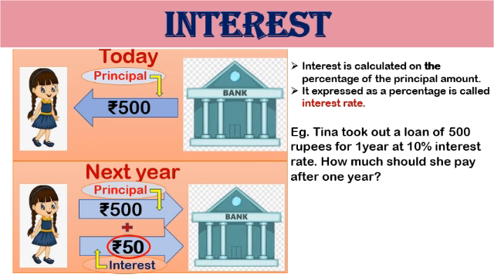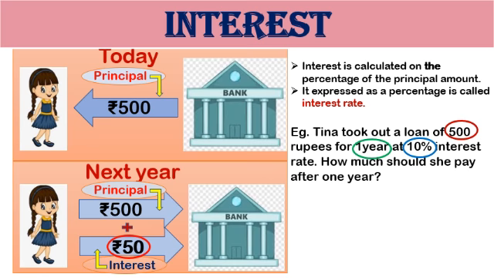Children, you know the amount to pay back after 1 year is the sum of the principal and the interest. So let us find the interest first. In this question, they have given us the principal as 500 rupees. The rate of interest is 10% and the duration of the loan period is 1 year.